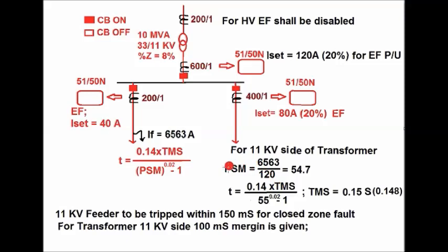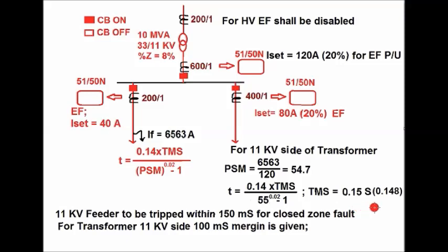So the PSM for this relay is 6563 divided by 120, which is 54.7. Considering the 150 millisecond plus 100 millisecond margin, the trip time for the LV side of the transformer is 250 milliseconds. So the trip time T, 0.25, is equal to 0.14 into TMS divided by 55 to the power 0.02 minus 1. So we get the value of the TMS as 0.15 second.